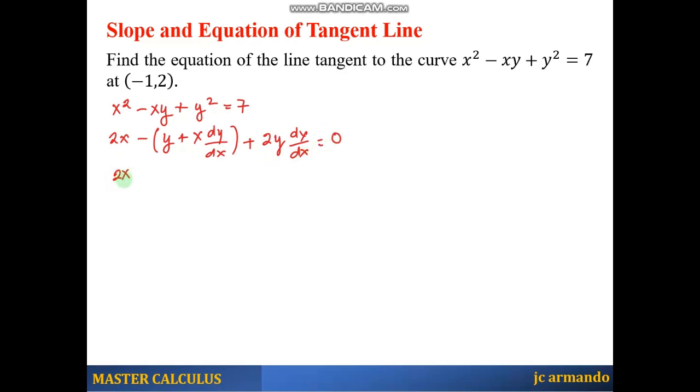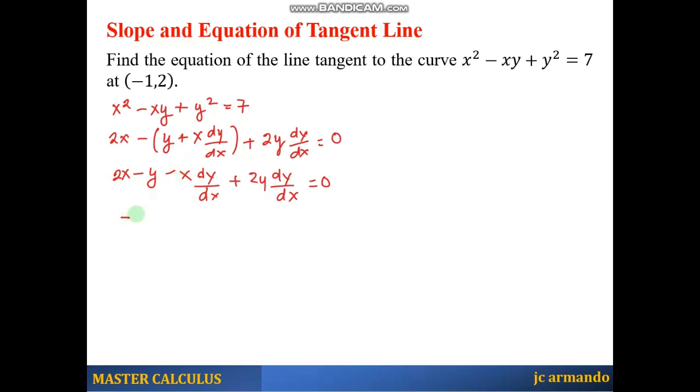So, you have 2x negative y minus x dy dx plus 2y dy dx equals 0. Okay? Check natin. 2x minus y minus x dy dx plus 2y dy dx. So, lahat ng may dy dx, iwan natin dito sa left.